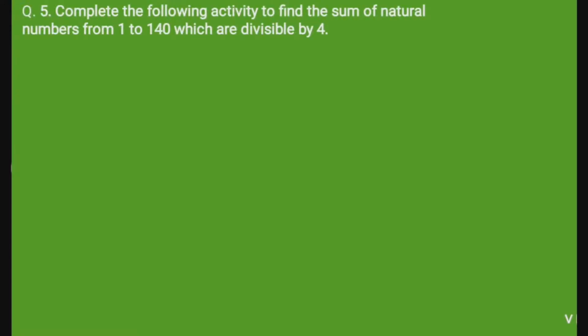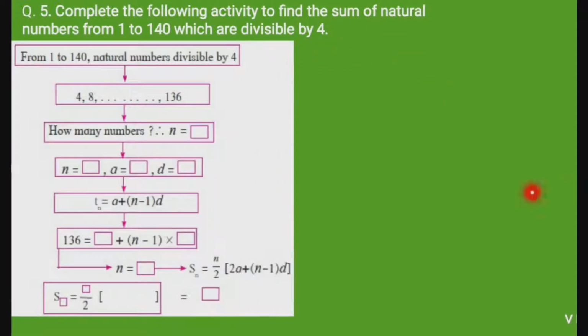Now see question number 5. Complete the following activity to find the sum of natural numbers from 1 to 140 which are divisible by 4. So here the activity is given. First we see the activity, then we calculate one by one.